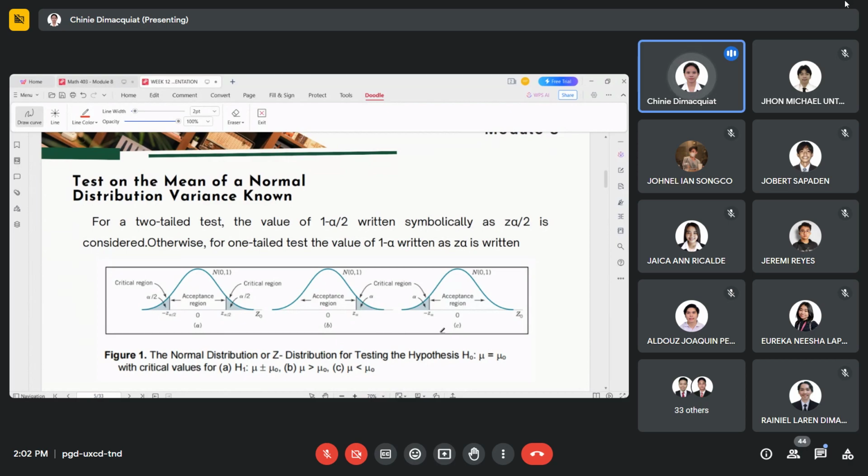Kapag kay left-tailed, so nasa kaliwa yung ating rejection region, and ito yung ating acceptance region. So, kaya mahalaga na ma-identify nyo kung ano ba yung direction ng ating test. Siya ba ay two-tailed, one-tailed, and if one-tailed, siya ba ay right-tailed or left-tailed? Ayan.